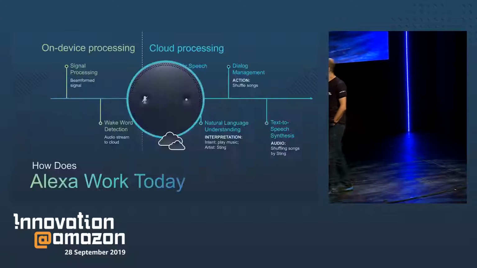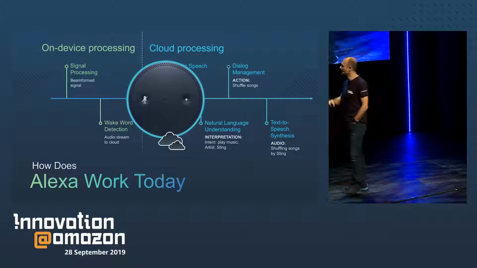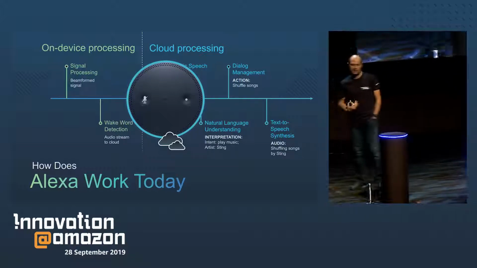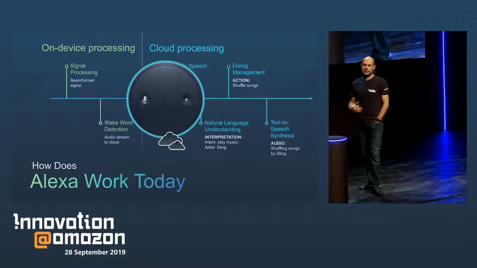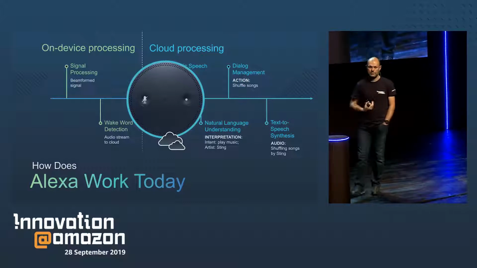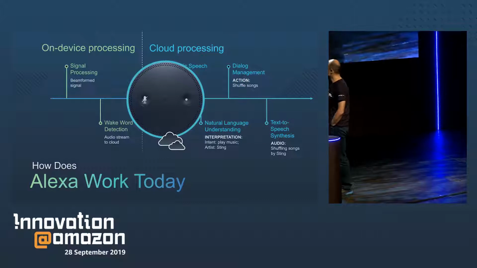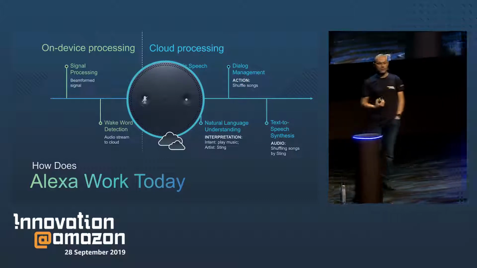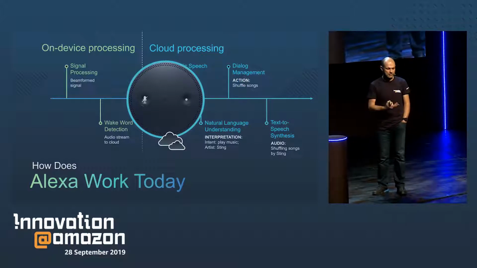Right now, Alexa is a global device, and I'm sure you've seen some of the ways that Alexa works. But at a very high level, Alexa has an onboard signal processing system that detects the wake word, and when you call Alexa, all the processing happens in the cloud, and it mainly goes through 4 steps. One is to transcribe your speech. So when you speak, it will try to translate that to text.